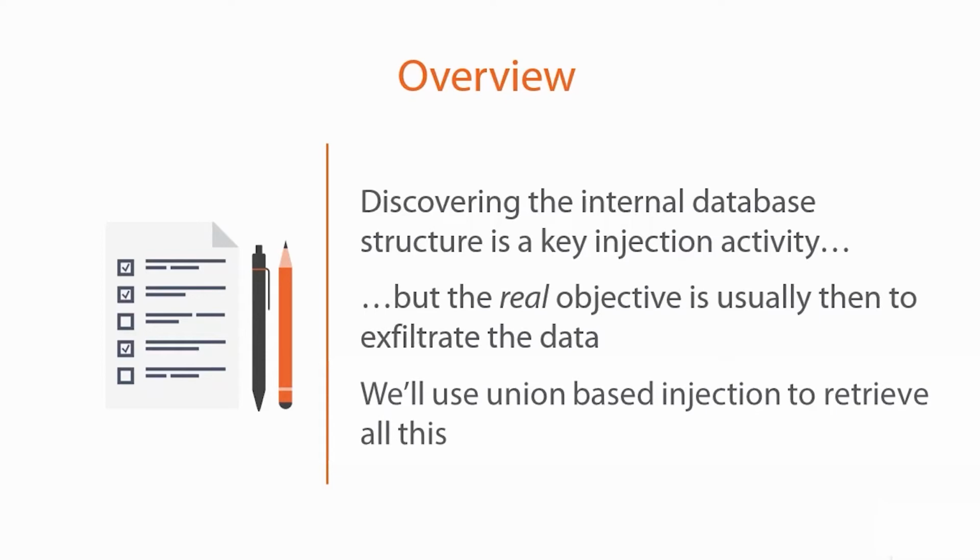Great way of getting data out, and you'll see just how easy that can be in just a moment. But before we start actually mounting any sort of attacks, it's really important to actually understand how this union operator works. So let's jump back over to SQL Server Management Studio and start by joining up a couple of results using union.